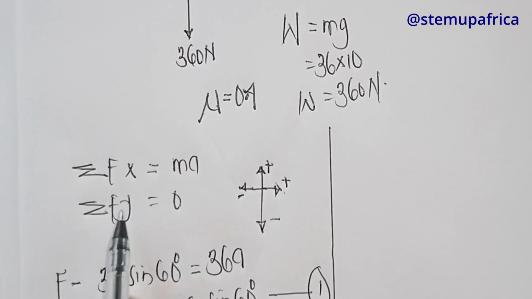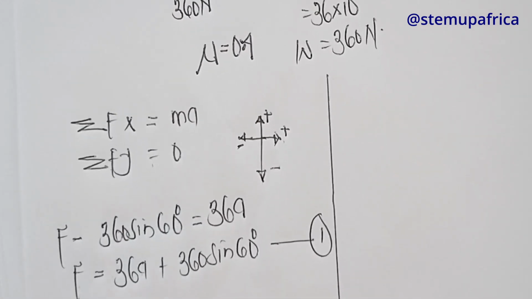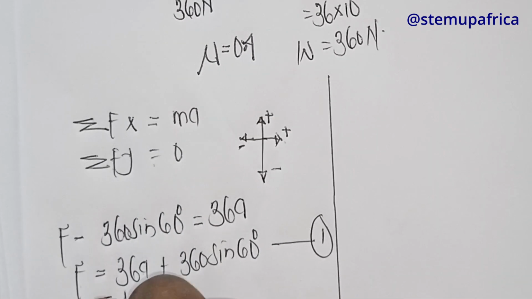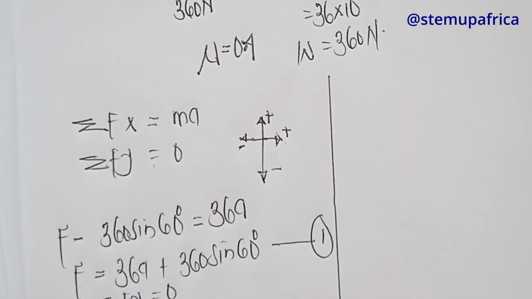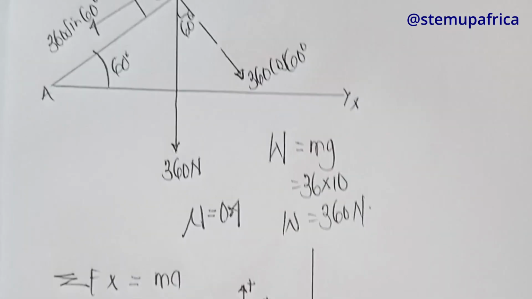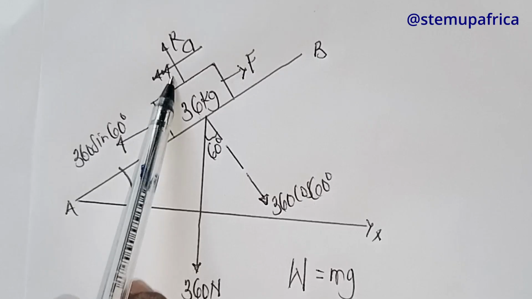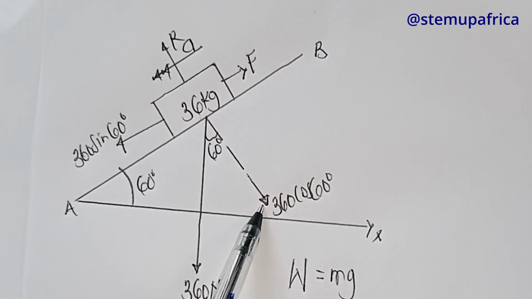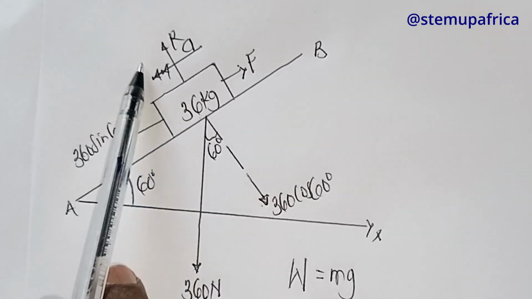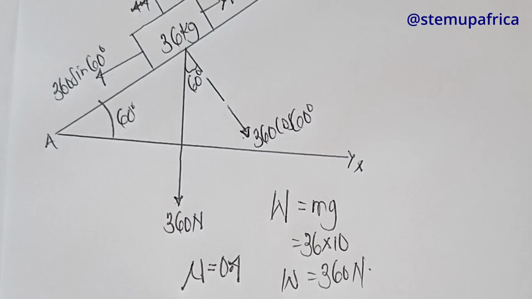So the second condition is summation of F_y equals 0. So I will consider the second condition. So who are those acting vertically now? You can see the normal reaction is vertical. The downward force here is also vertical. The normal reaction, according to sign convention, is positive, while the downward force here is negative.